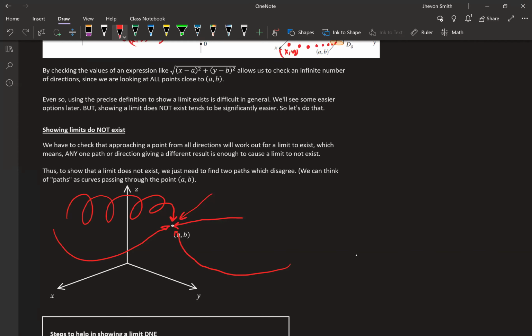How many ways are there to get close to (a, b)? Well, as you would probably have guessed, there's an infinite number of ways. So once we're in higher dimensions, we don't have to keep our eyes on 2 directions. We have to keep our eyes on all directions, an infinite number of directions.